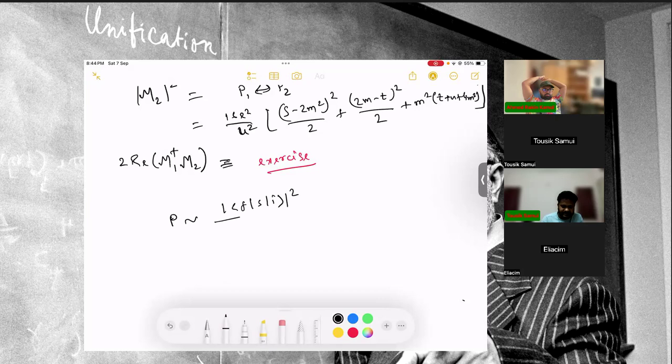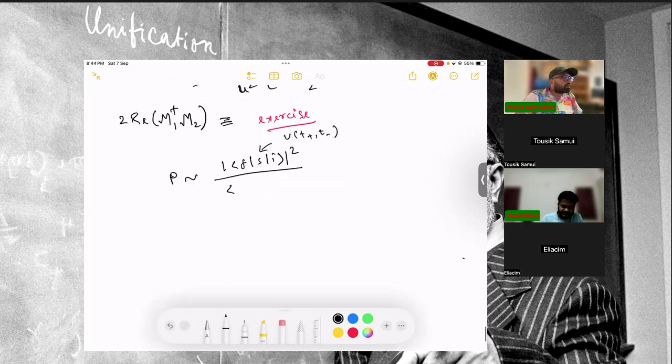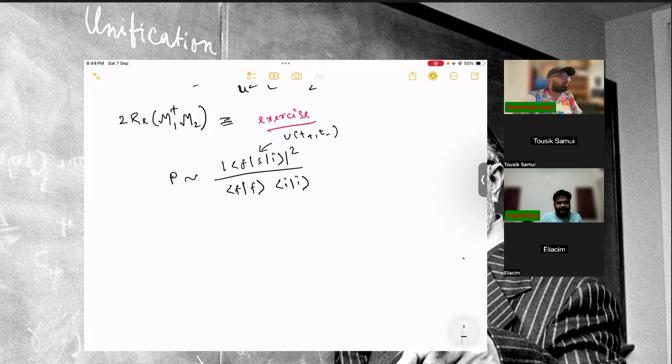We write it as S, which is nothing but the thing that we discussed first. So this is the probability, and it is directly related to the cross section that we encounter in scattering theory, even in quantum mechanics.